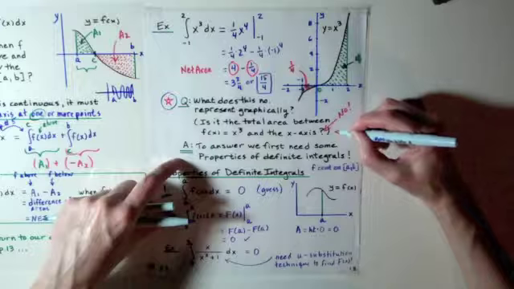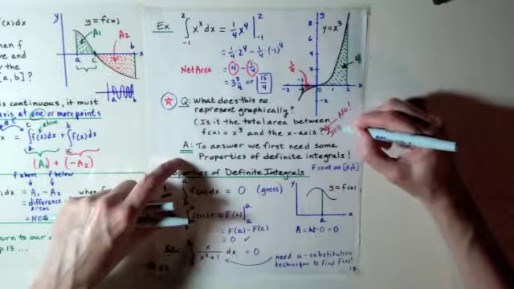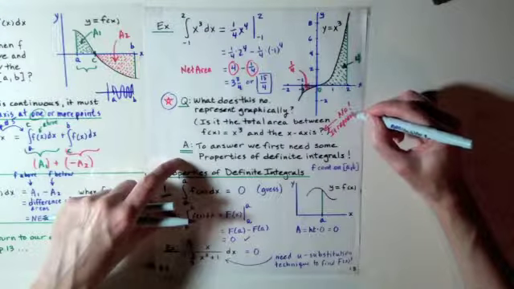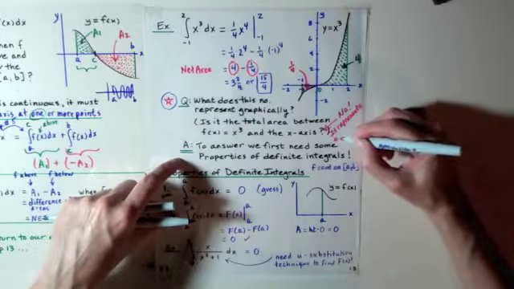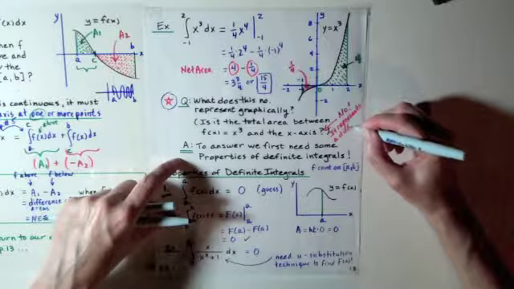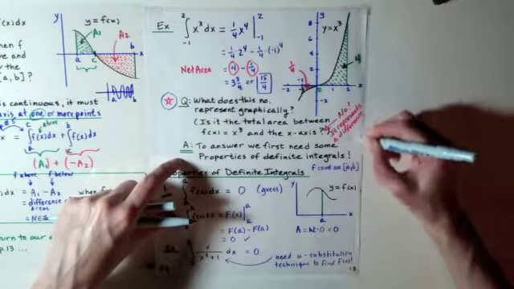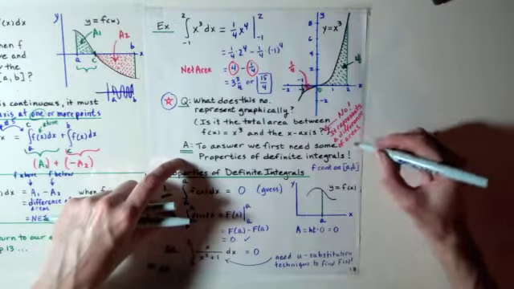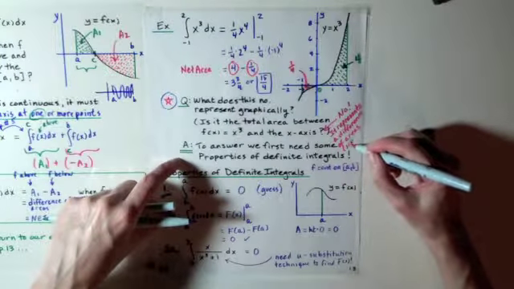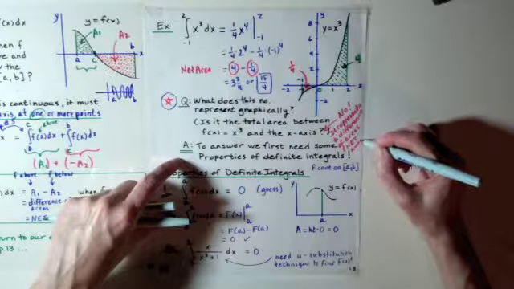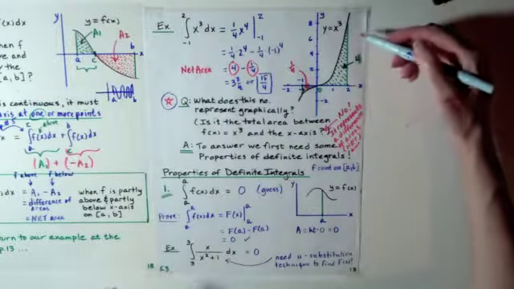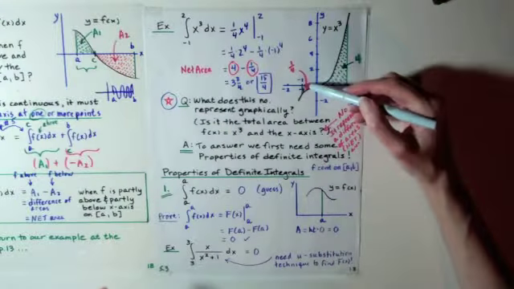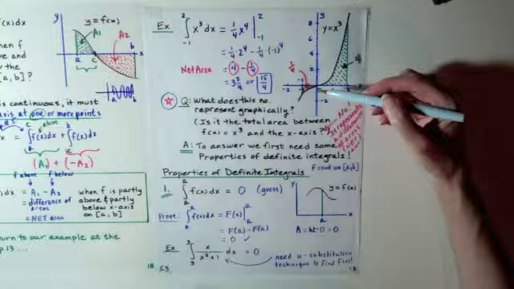So I'll just say here, no, it represents a difference of areas. Or some people like to say it represents the net area. Net area. And it's always the amount of area that's above the x-axis on the interval you're looking at, -1 to 2, minus the area that's below the x-axis.